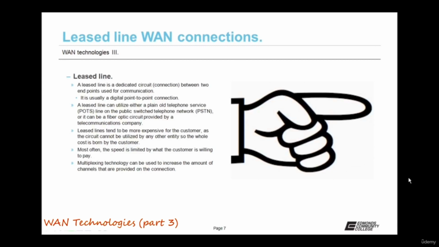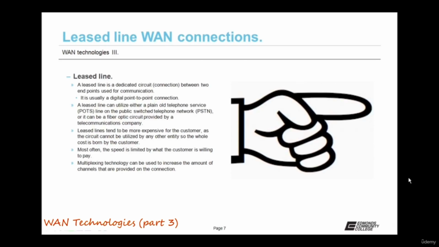A leased line can utilize either a plain old telephone service line, a POTS line on the public switched telephone network, or it can be a fiber optic circuit provided by a telecommunications company. Leased lines tend to be more expensive for the customer as the circuit can't be utilized by any other entity. So the whole cost is borne by the customer because they're the only ones who get to use it.